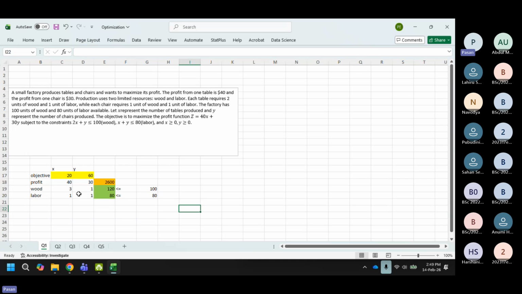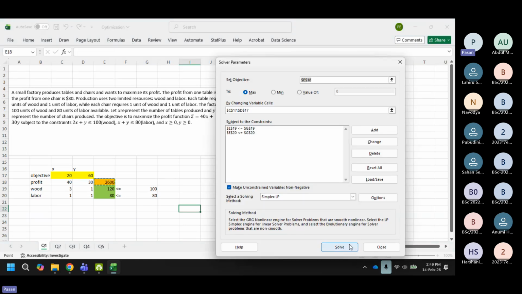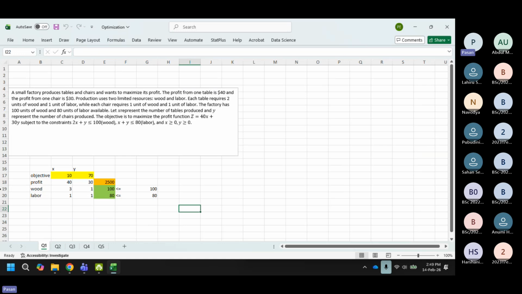Now you can see that this constraint is violated, right? So it means this solution may not be the correct one. So I can try this again. Okay, so then it is 10 and 70, right? So the changes are like that.